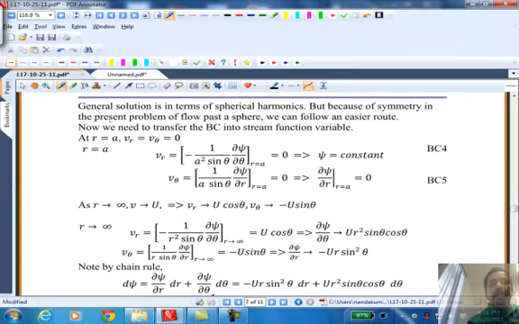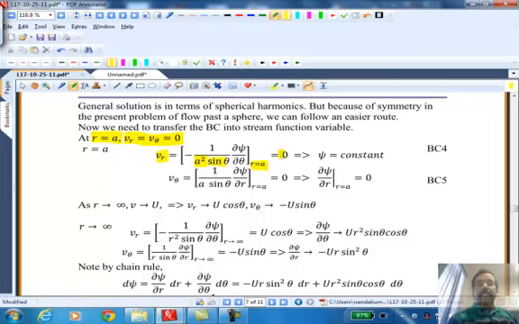At r equal to a, the solid surface of the sphere, we know that VR and V theta are equal to 0. But we also know the definition for VR. VR is 1 over, remember, instead of r squared, I'm putting a squared because it is evaluated on the surface of the sphere, sine theta, d psi d theta, evaluated at r equal to a.